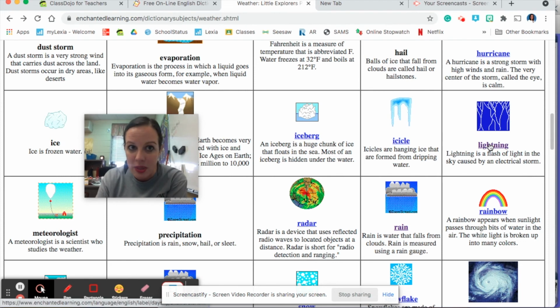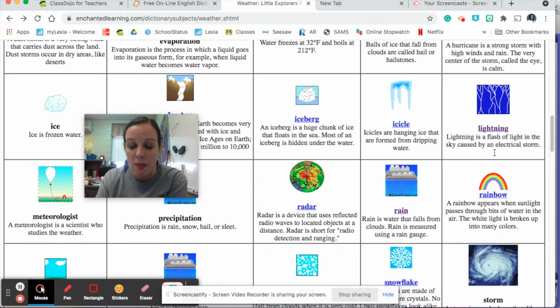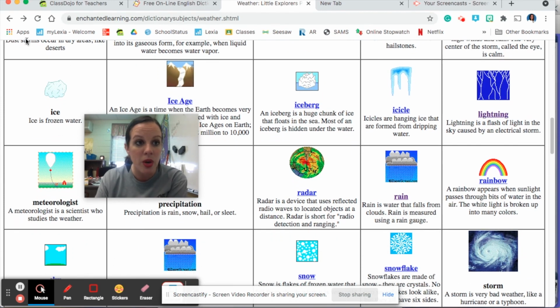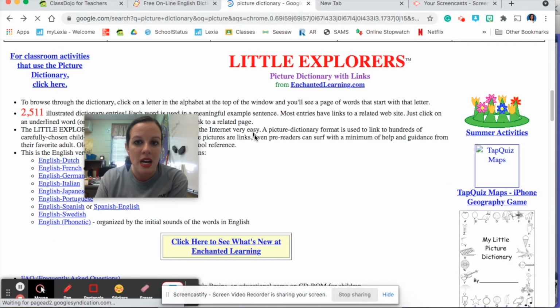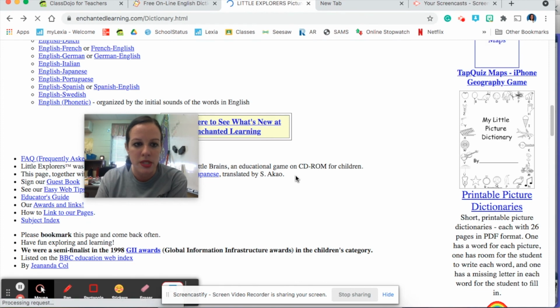But instead of doing that, you look at this picture and it says lightning is a flash of light in the sky caused by an electrical storm. So now when I'm writing my report about weather, I know lots of great little topics that I can use.